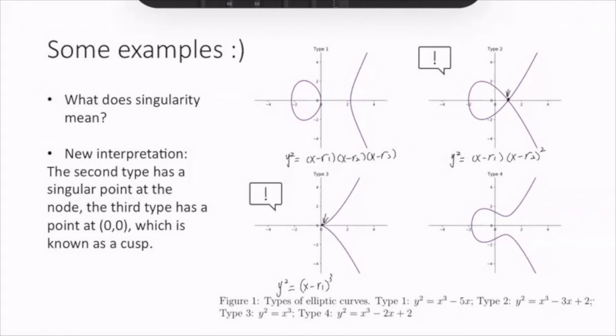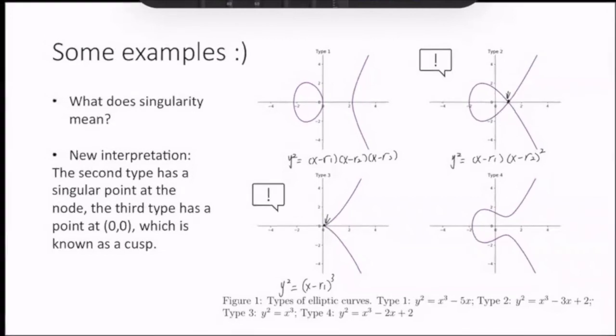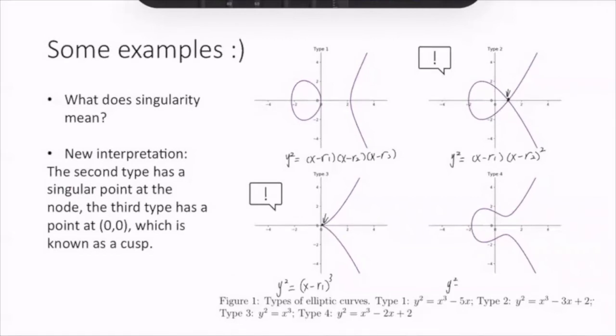And we will expect this type 4, and type 4 is differentiable everywhere. We could draw a unique tangent line everywhere on the curve. So we could write this equation in the following form. Y squared is equal to x minus r1 times an irreducible quadratic equation.